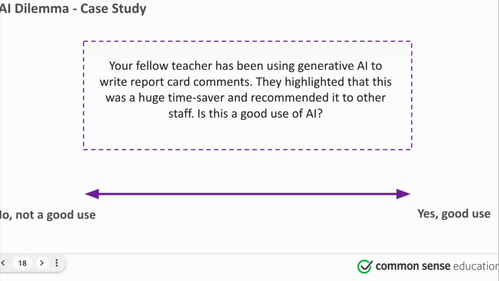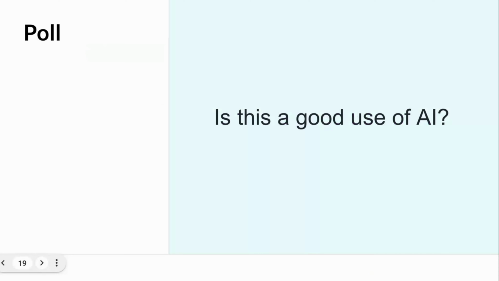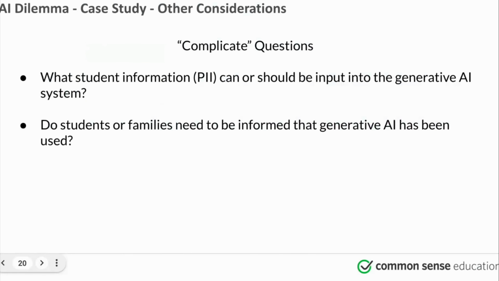When we do prompt engineering into these platforms, you really have to be mindful around that. Should it be shared? Absolutely not. We should not be sharing personal information about our students in AI platforms. And do families need to be informed that generative AI has been used?